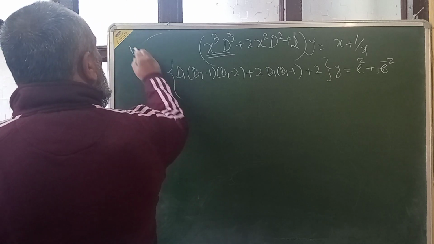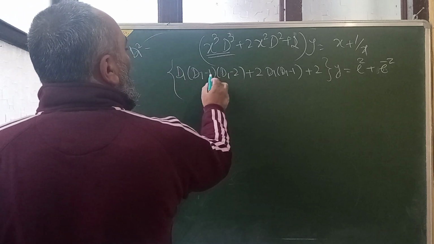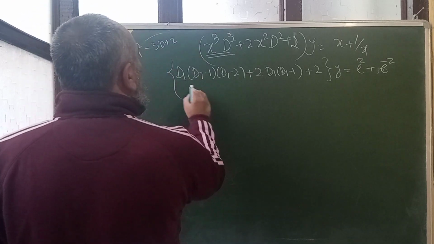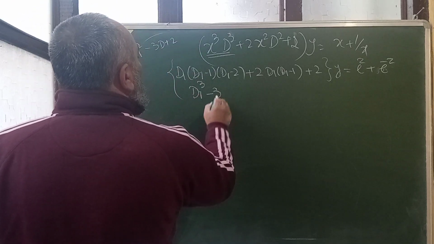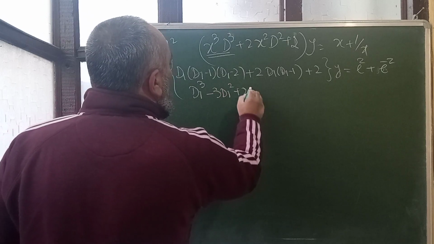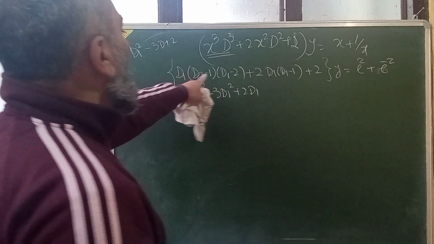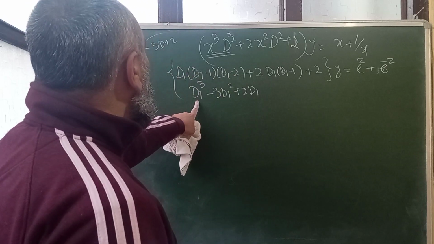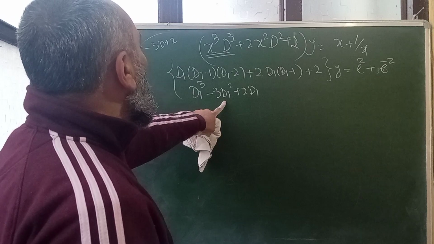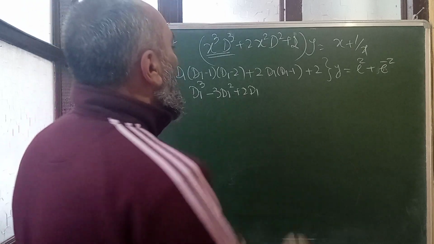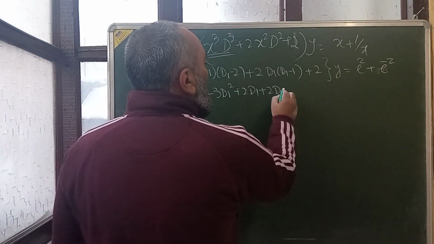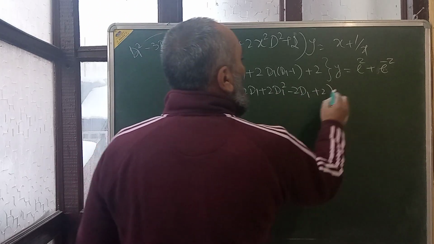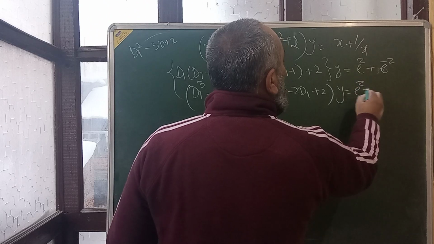This is D₁³ − 3D₁² + 2D₁ + 2D₁² − 2D₁ + 2 operating on y = e^z + e^(−z).